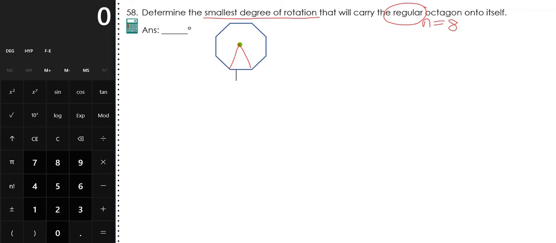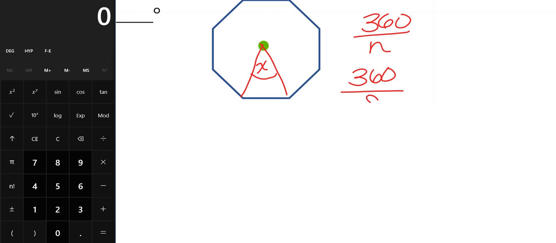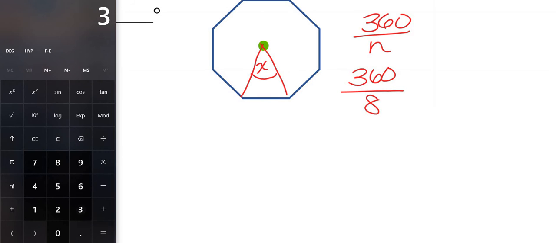And the angle right here is your central angle. So to figure that out, we always do 360 divided by the number of sides. In this case, it's 360 divided by 8. In your calculator, 360 divided by 8 is 45 degrees.